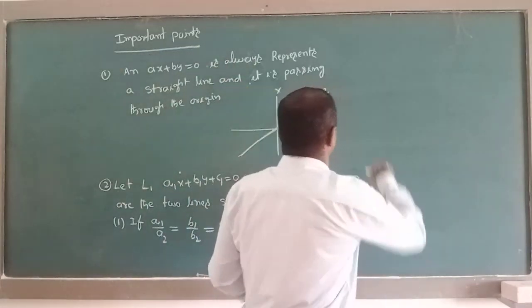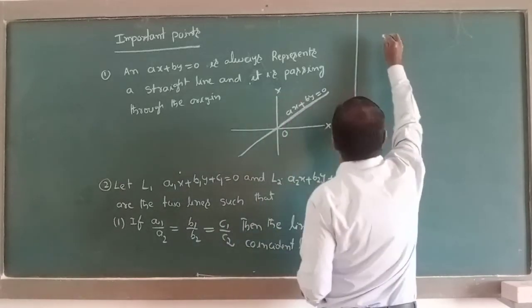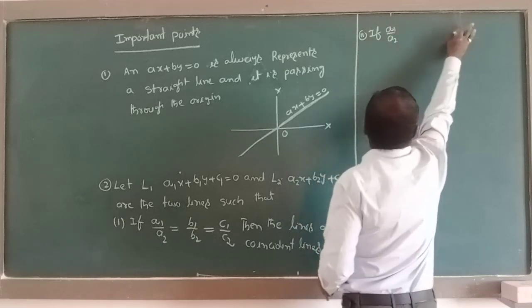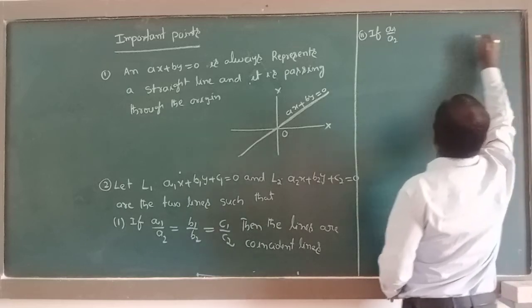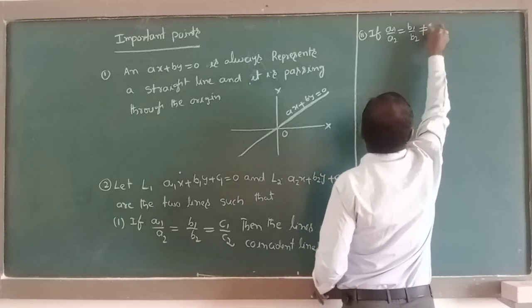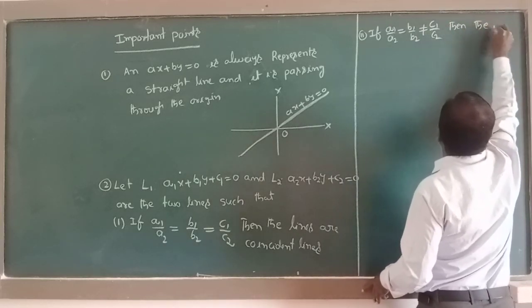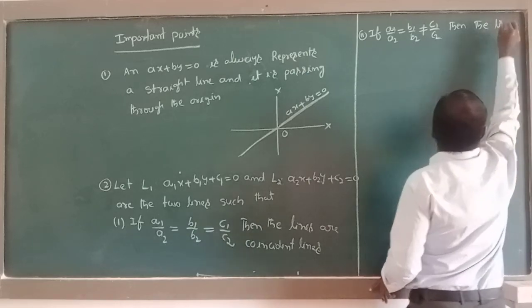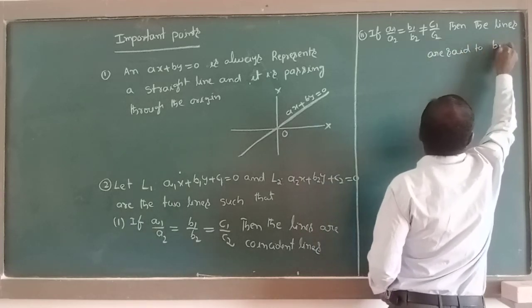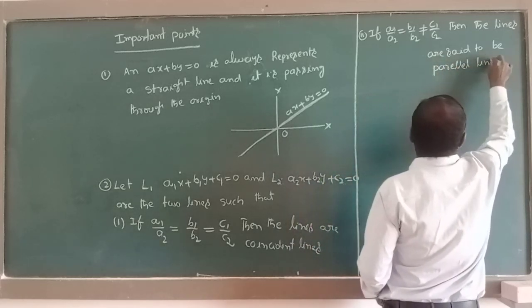Now the second point. Case 2: if a1 by a2 is equal to b1 by b2 not equal to c1 by c2, then the lines are said to be parallel lines.